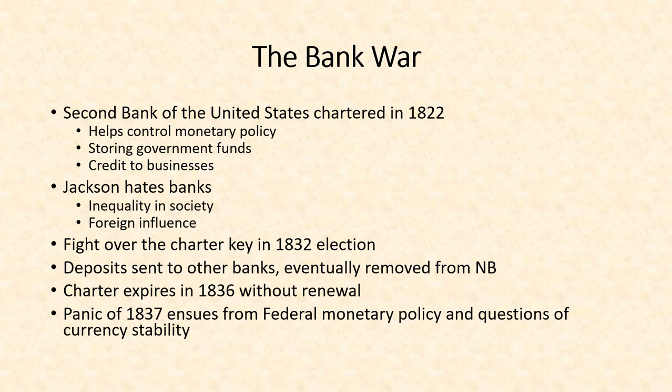We also have the influence of foreign governments over American politics and American monetary policy because they are depositing money in American banks to gain interest. They're also issuing American banks credit. And so Jackson, on basically every possible level, thinks that banks are horrid. There should be no banks. We're going to have gold coins.